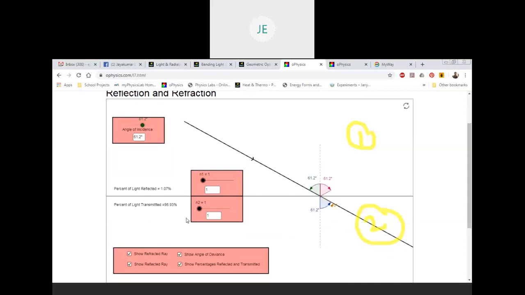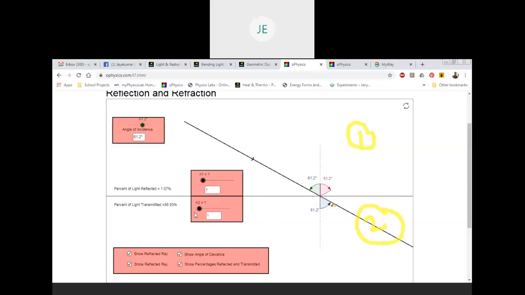Here 61.2 is the incident angle, and the reflected angle is also the same. The reflected angle is not given because if you place a mirror here, that gives you the reflected angle of the same 61.2 degrees. Since it is the same medium, it is traveling in a straight line. That is why the angle of deviation is 0. And this line is nothing but the interface.